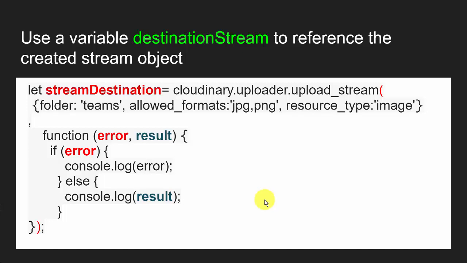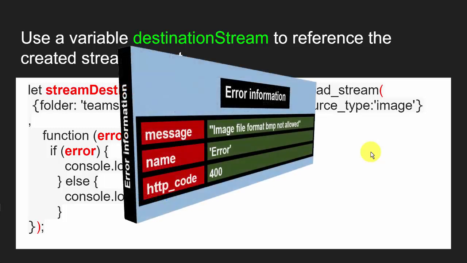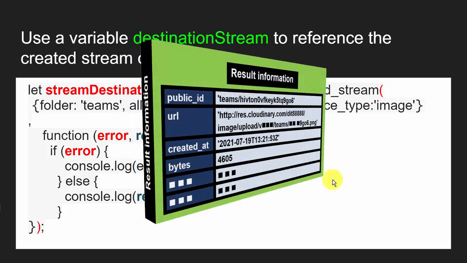Once the stream object receives a reply from Cloudinary, after Cloudinary has written all the data into a particular folder, the Cloudinary system shall reply to our stream object with an error information or with a result information.